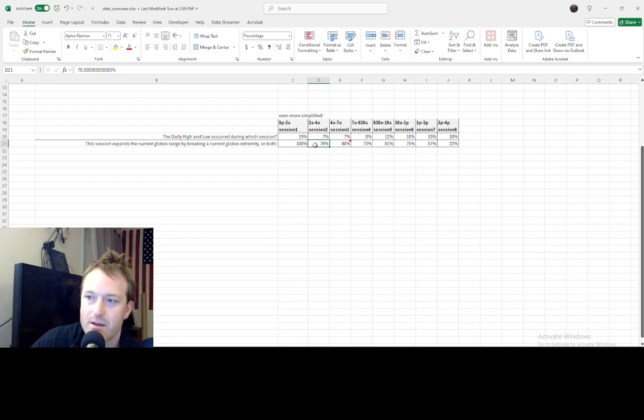Moving on to the mid morning or super early morning, 4 a.m. to 7 a.m., there's an 80% chance that it will break the current Globex high or low. So the first session creates a high and low. The next session, there's a 78% chance of breaking that high or low. The next session after that, there's another 80% chance that it'll break the high or low.